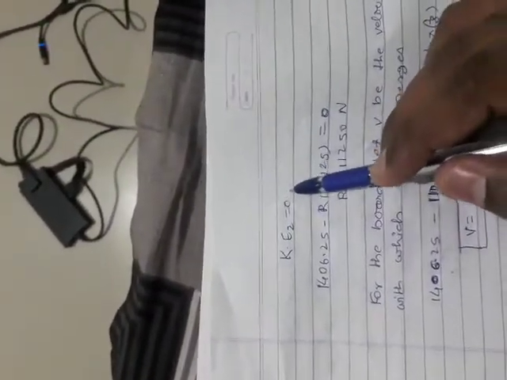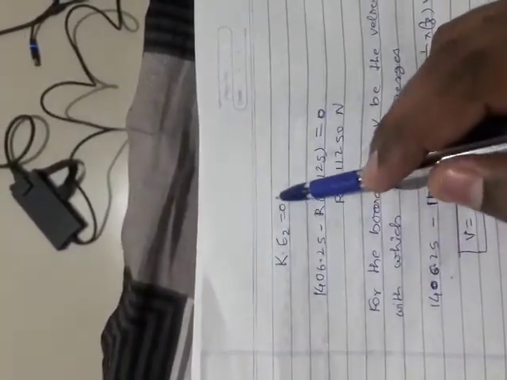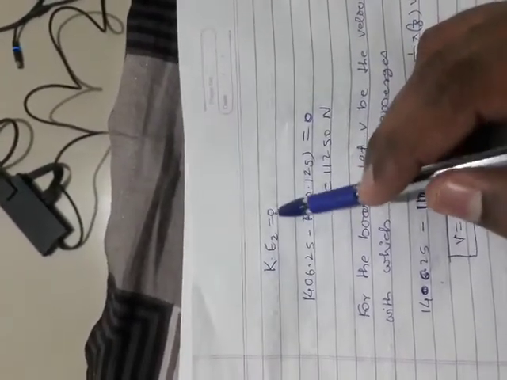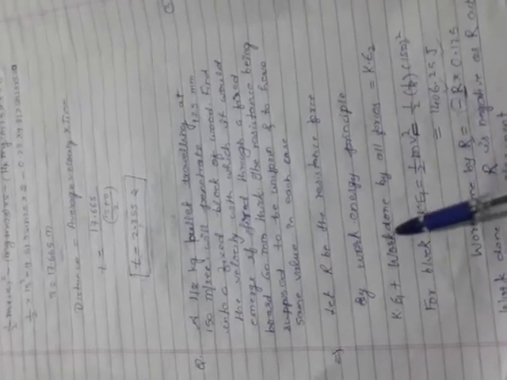Now kinetic energy 2, as I already said, finally the bullet will penetrate into the block and will not emerge out, so the velocity will become 0. So kinetic energy at final position will become 0. Now I am putting all the values in this formula: kinetic energy 1 plus work done by all forces equal to kinetic energy 2. Kinetic energy 1 I have already calculated, 1406.25.